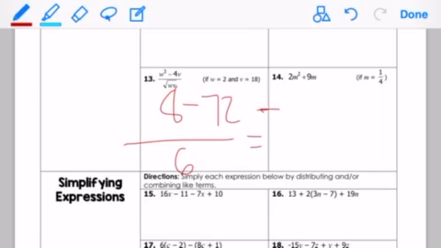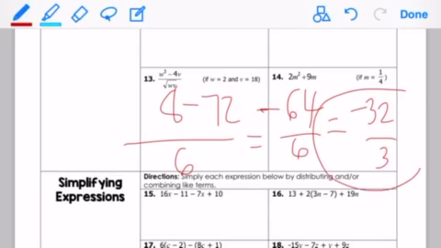Negative 64. My bad. All over 6. Okay. So we need to simplify that. Okay. 2 goes into both of them. So dividing by 2, we'll get negative 32 over 3.